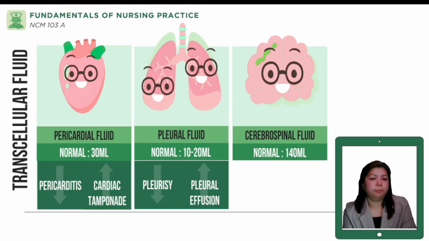That's the manifestation. And then you have a pleural effusion for an increase in the accumulation of pleural fluid. Similar to what happens with cardiac tamponade, pleural effusion restricts the movement or lung expansion.